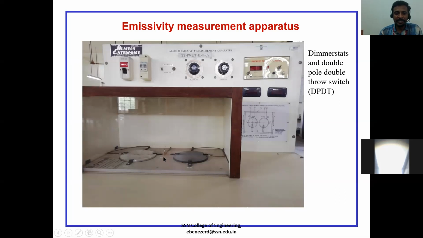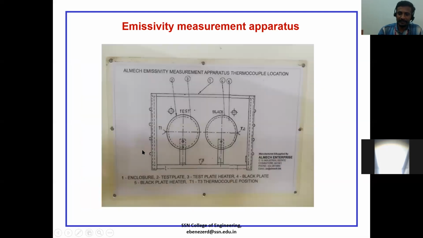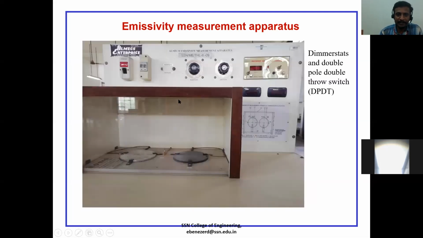We are going to compare the emissivity, that means the emissive power, of a test piece with a black body. Now these are dimmerstats, which are used to control the voltage. What we are going to do is give electrical energy to the plates, an equal amount of electrical energy, and try to measure the temperature of these two plates for a given amount of electrical energy.